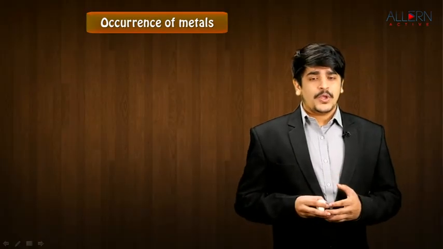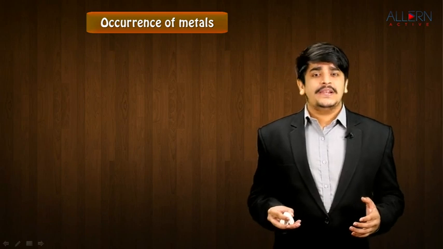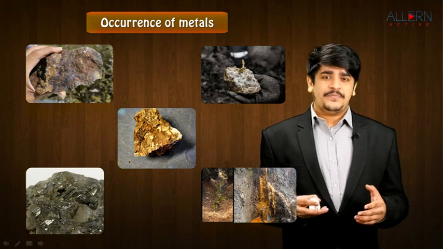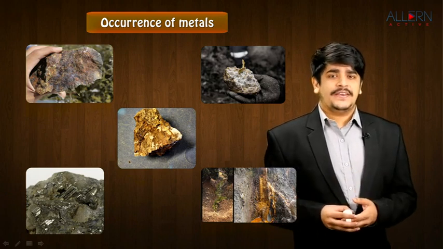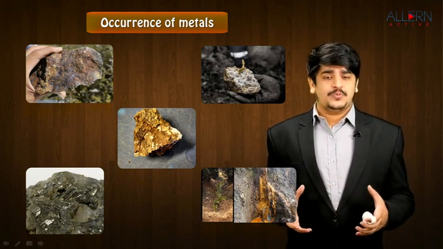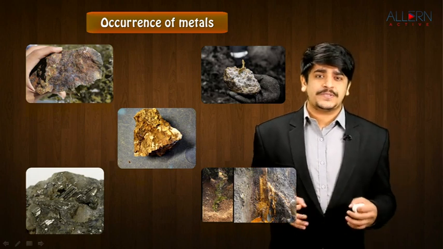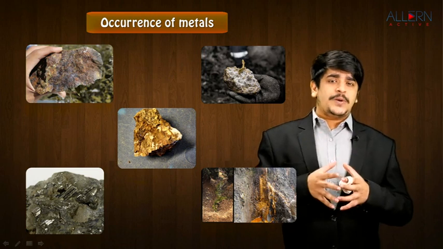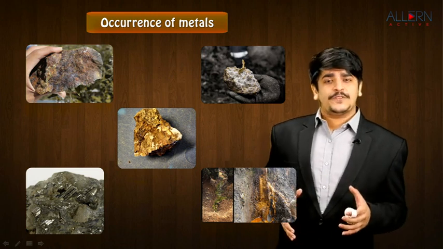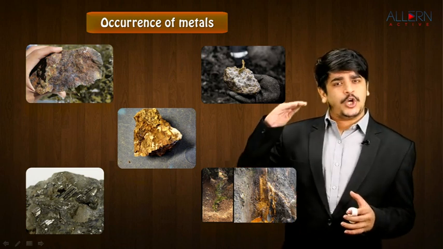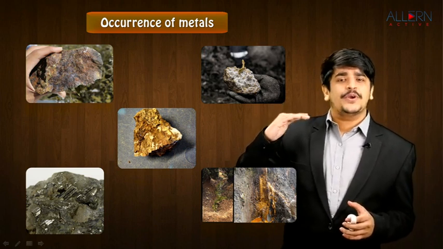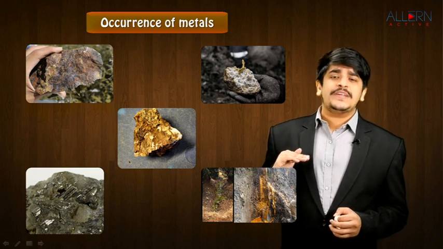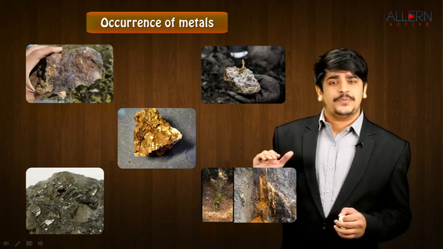Moving on, within this same module, let's discuss a topic called the occurrence of metals. Now, one must understand that we have a series which is based on the reactivity of metals. It's called the activity series. It is based in a manner that the most reactive metals are present at the top, and as and when we go in the downward direction, the reactivity keeps on decreasing, which is why the least reactive metals are present at the bottom.